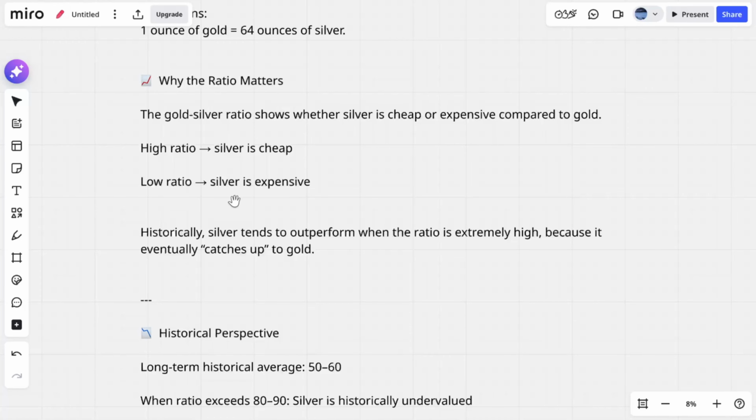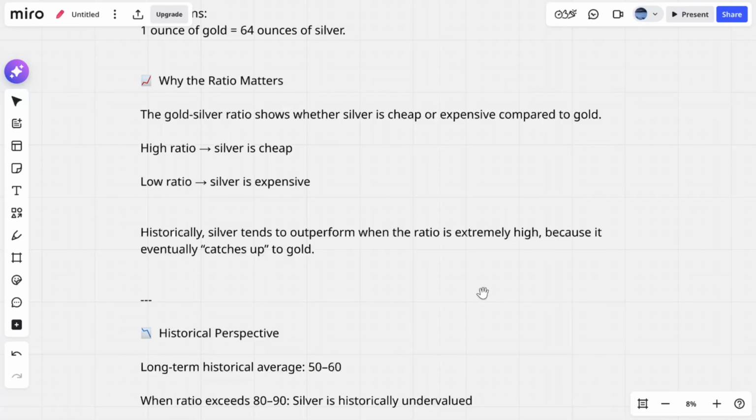So a low ratio means silver is expensive. Historically, silver tends to outperform when this ratio is extremely high, because it eventually catches up to gold. So the best thing is, if the ratio is high, that would be the best time to get into silver.